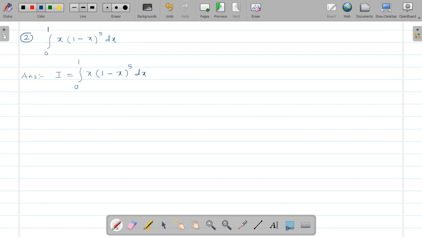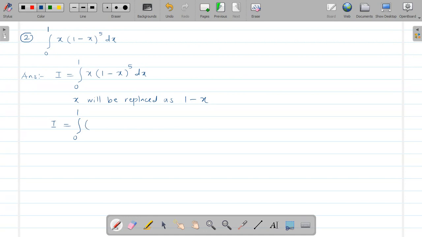So that's why if you use that property, then x will be replaced as, here upper limit is 1, so in place of x we have to put 1 minus x. So that's why it becomes I is equal to integration 0 to 1.